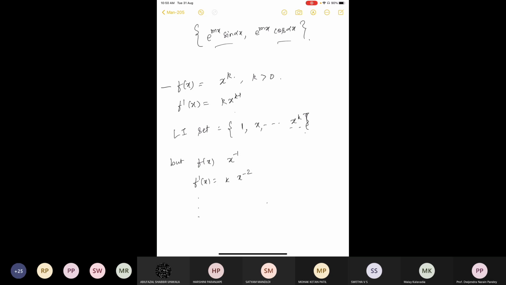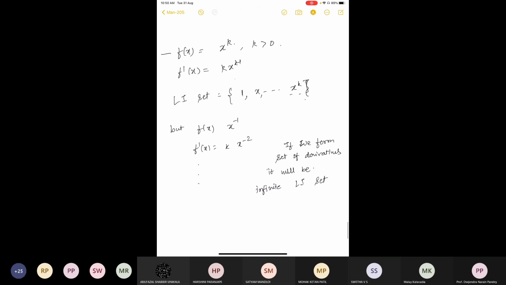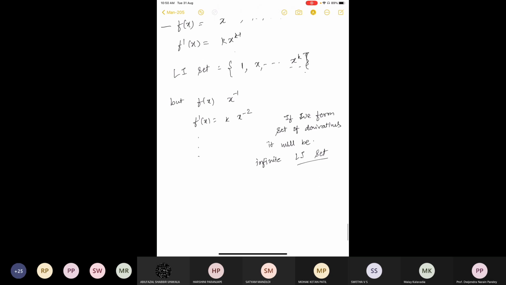Can you check that if we form the set of derivatives, it will be an infinite linearly independent set, or you can say it will be an LI set with an infinite number of elements in it.